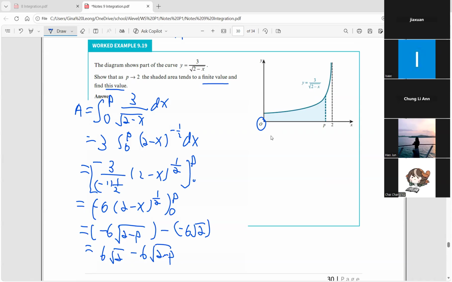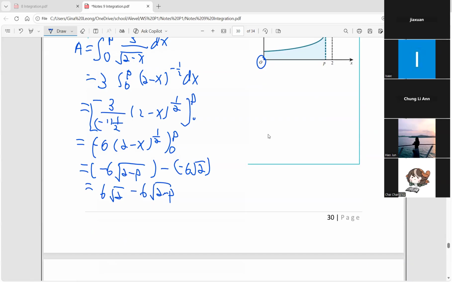Here he tells you already that the limit is 2. Now we let P approach 2 in the limit, meaning that I can replace P with 2. So 2 minus 2, you know, right?